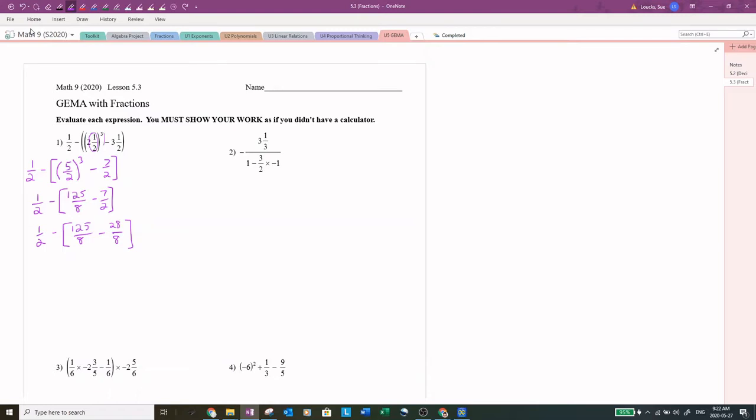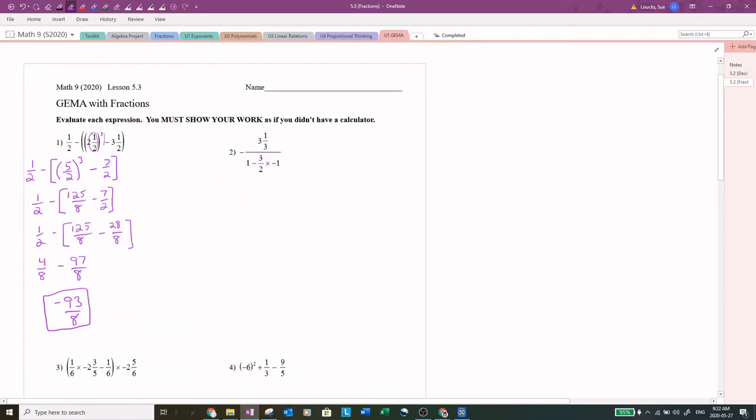So I erased those numbers because looking ahead when I'm not talking, I would notice that I'm going to have a denominator of 8 here. So I need a denominator of 8 here, and I can do that in this step. And then it's going to be minus 97 over 8, which equals negative 93 over 8. And there's my answer.